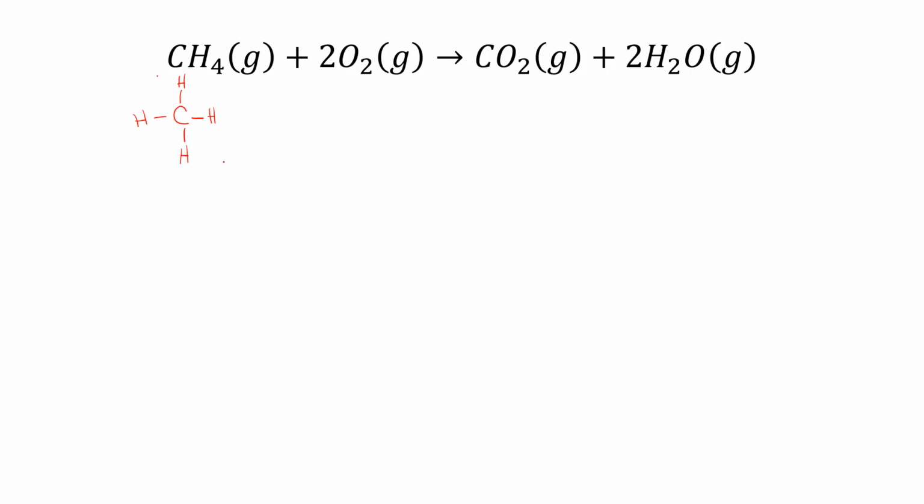What I've just drawn on this screen just below the methane molecule is the Lewis structure for methane. What you'll know is that in each methane molecule, there are 4 CH bonds.